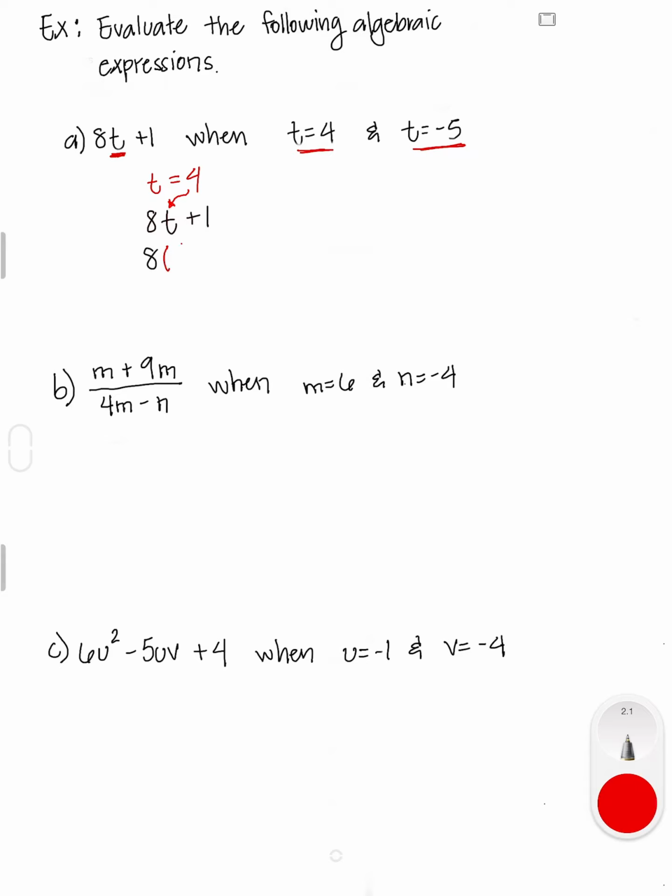I always like to open parentheses and leave it blank, making me think that the t is going to go away, and then in its place we're going to put 4 and then plus 1. So now 8 times 4 is 32, and then plus 1 gives us 33. So the value of the algebraic expression when t equals 4 will be 33.